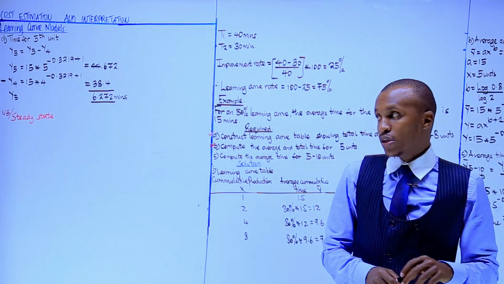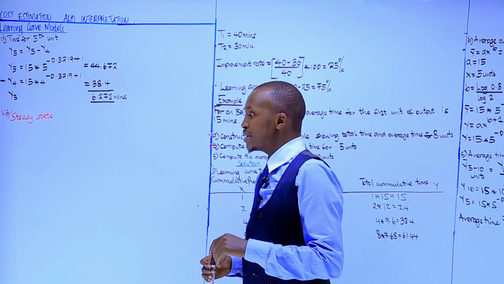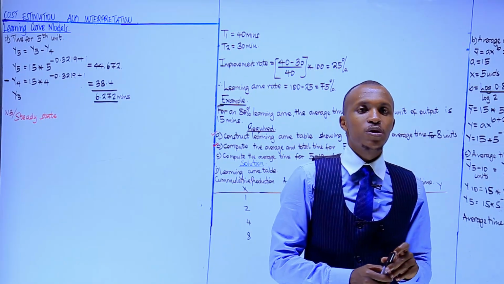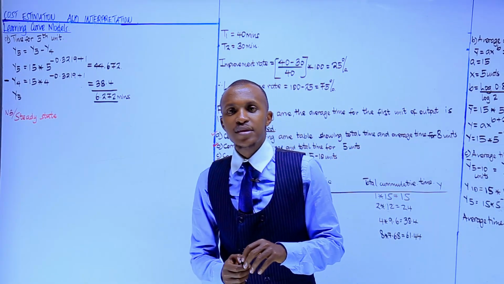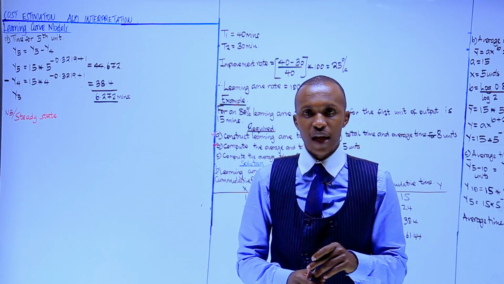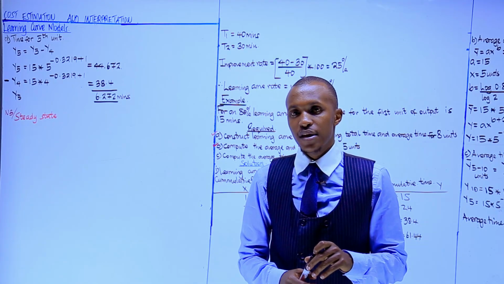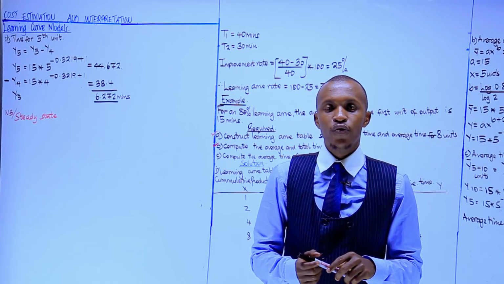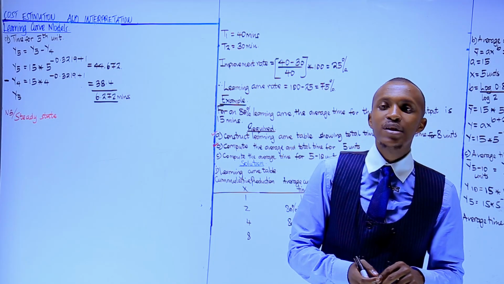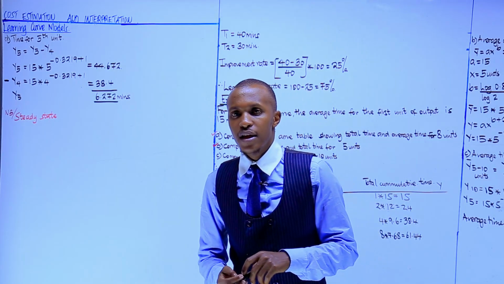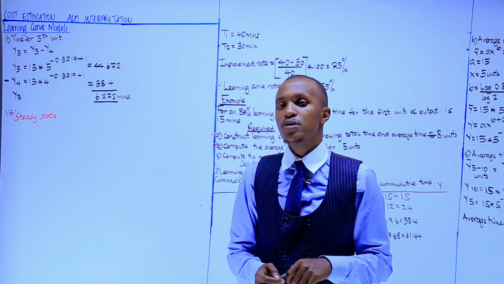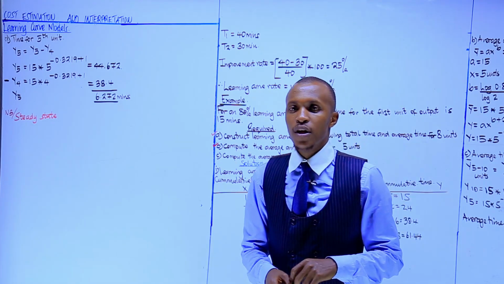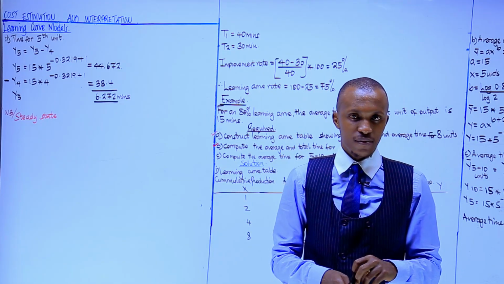All the other units produced after the steady state will take the time or cost of the unit produced before steady state.